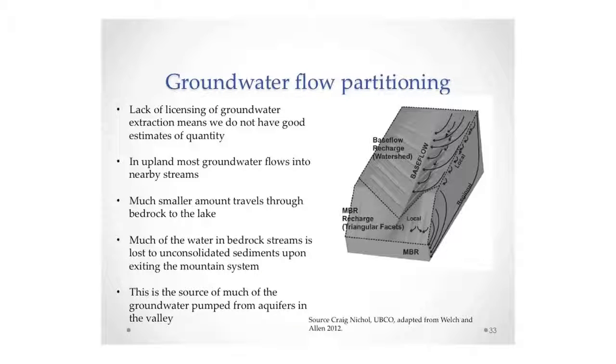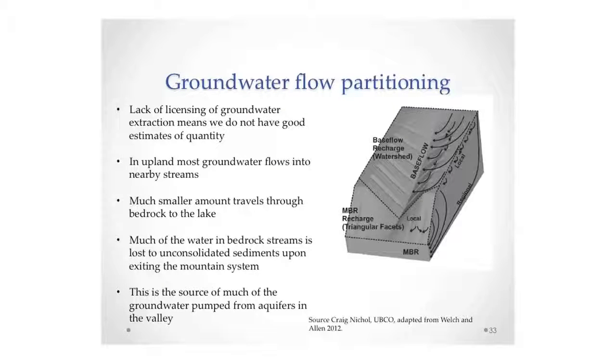As I mentioned, in the upland, most groundwater flows into nearby streams. It goes into the rock, but very quickly exits as base flow in these upland creeks. A little bit flows all the way through the bedrock to the lake. But when these streams exit the mountain system and come out onto the valley floor, they go from essentially a bedrock-lined stream bed out into unconsolidated materials.